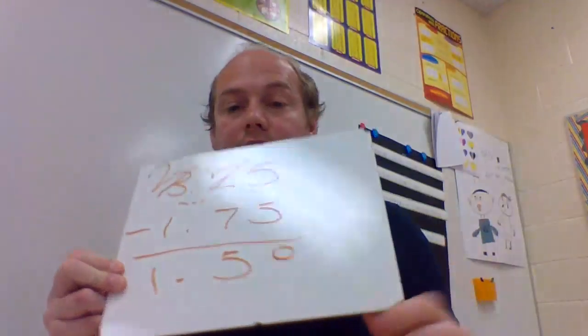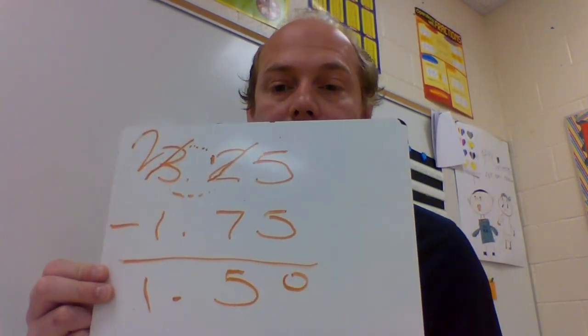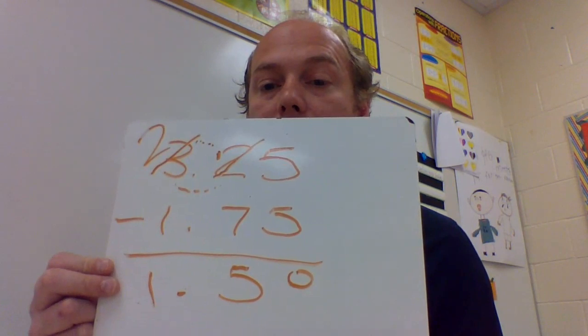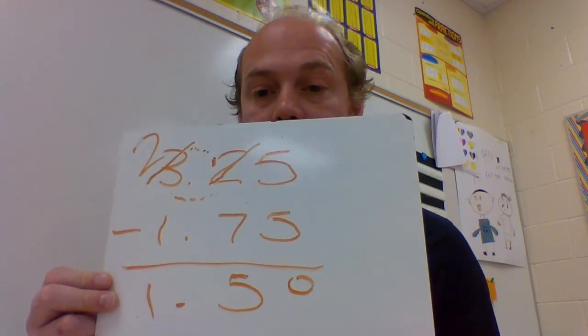So 325, because that's what we started with before we made all the regrouping. 325 minus 175 is 150. And we just went through the steps. So you can add it back just like with the regular subtraction, because this is regular subtraction.